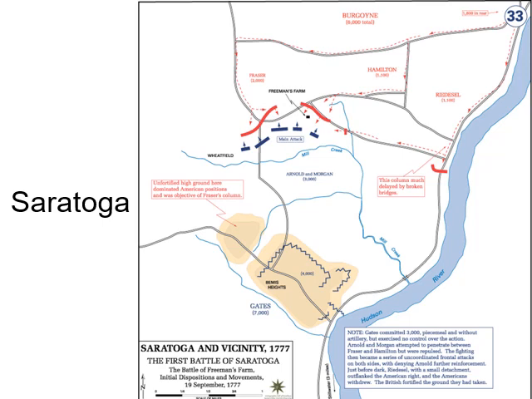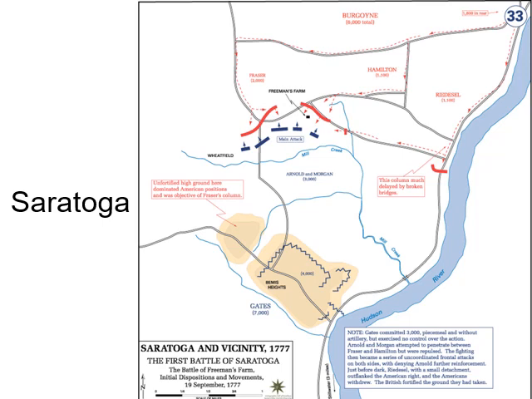The British general, John Burgoyne, was supposed to lead an army from Canada south through New York, from Lake Champlain to Albany on the Hudson River. So you have Burgoyne, and he was going to go south to Albany, along the Hudson River.